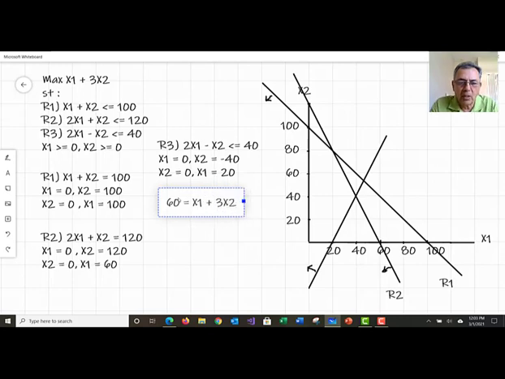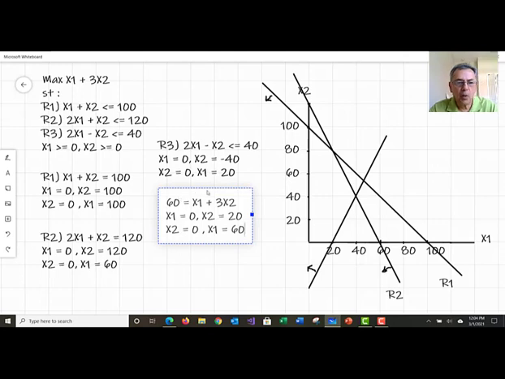These are called family of objective function lines, and we will see which one would give us the largest total value. So again, we let x1 equal to 0. That gives us x2 equal to 20. Okay. And I let x2 equal to 0, that gives me x1 equal to 60, and now I'll identify those 2 points on the graph and connect them together.